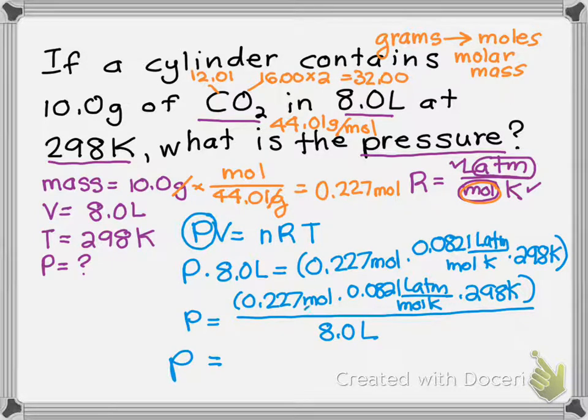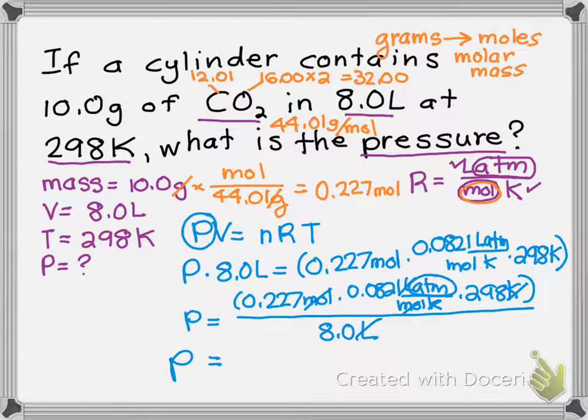Again, just checking out the units to see why it's important. Moles cancel, the liters cancel, Kelvin cancel, and that leaves me with atmospheres, which makes sense because that's a unit for pressure. So 0.227 times 0.0821 times 298 Kelvin.